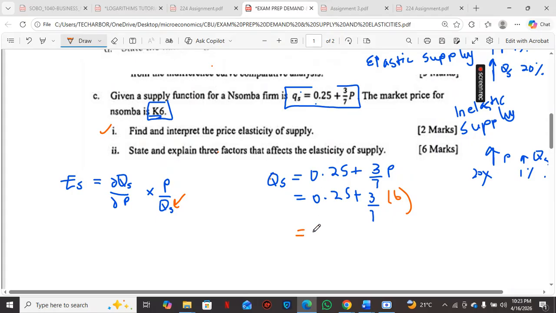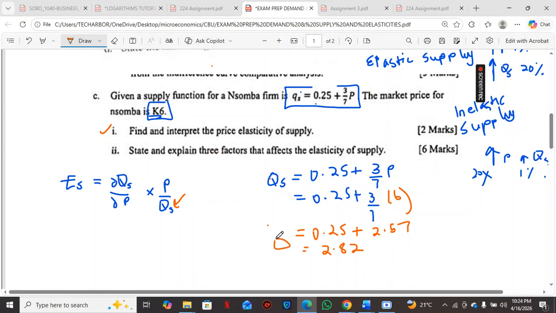So you have 0.25 plus 2.57, you get 2.82. Okay, 2.82. This is QS.